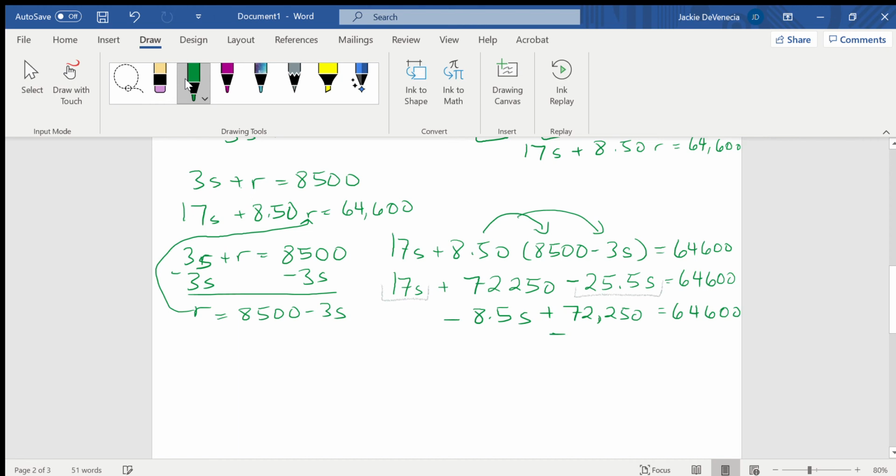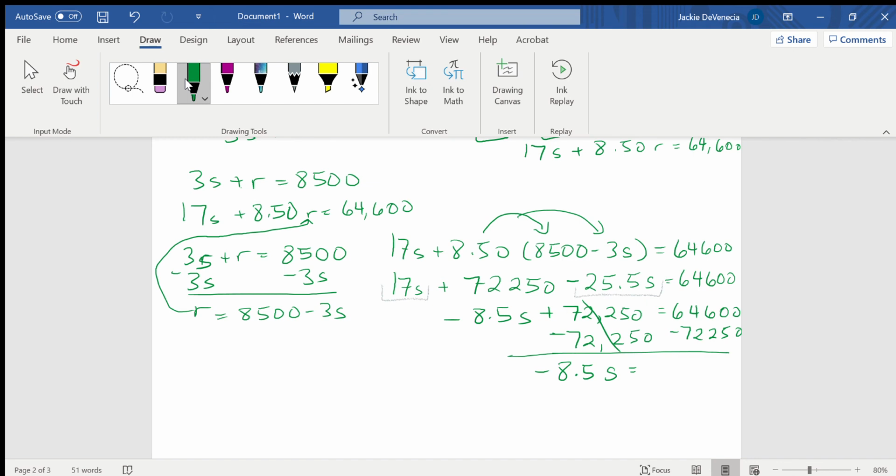So you just want to move that 72,250 to the other side because I want to get the S variable by itself. That crosses off. You have negative 8.5S is equal to 64,600 minus 72,250.